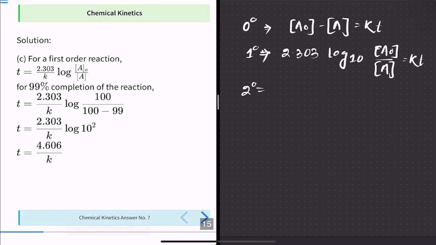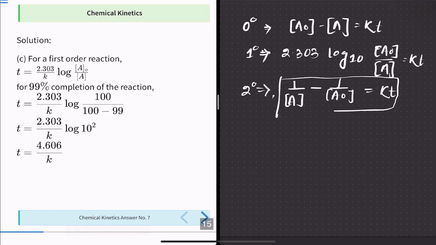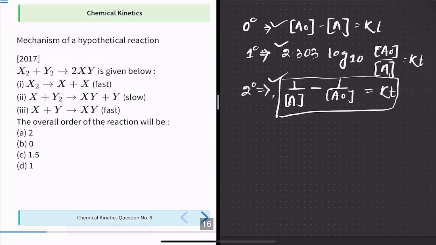For second order reaction, it is K equal to 1 by T, or write this down, 1 by A minus 1 by A naught equal to KT. Okay, you need these three equations. So let's read the eighth question.